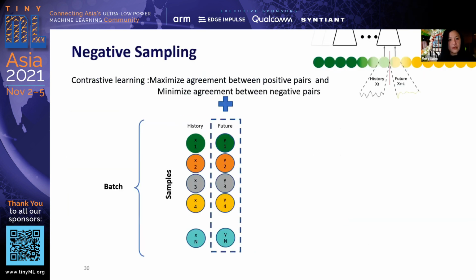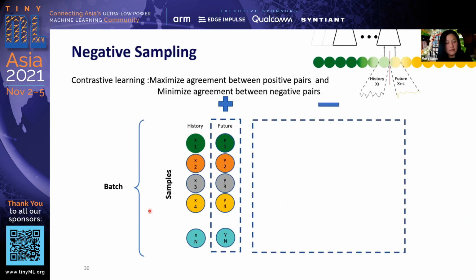Now, again, in contrastive learning, the goal is to maximize agreement between positive pairs and minimize the agreement between negative pairs. Because this completely does not use any label, we don't know if this sensor indicates someone walking, or another sensor, someone walking versus running, or maybe eye movement, someone blinking or not blinking, for example.